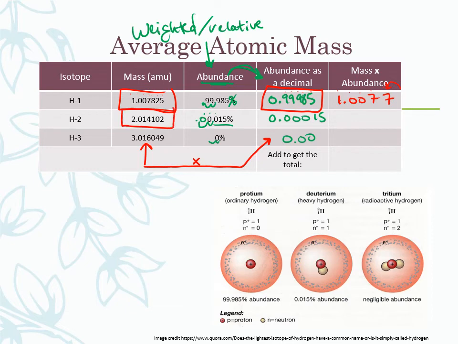Multiply the mass by the abundance as a decimal. So 2.014102 times 0.00015 is going to give us 0.000321153.